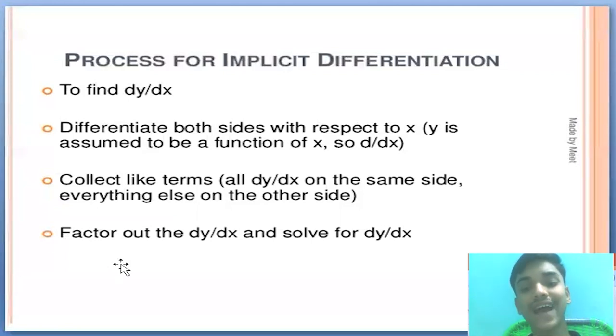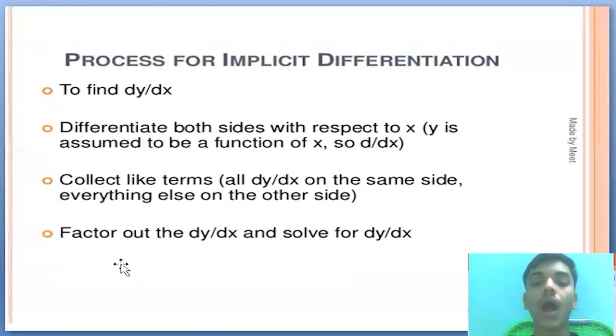Then collect like terms, all the dy by dx terms on the same side. It is very important. It will not confuse us if we take all the similar things aside and do it, as it makes the problems easier to solve.